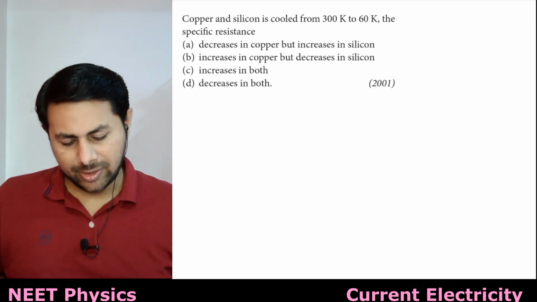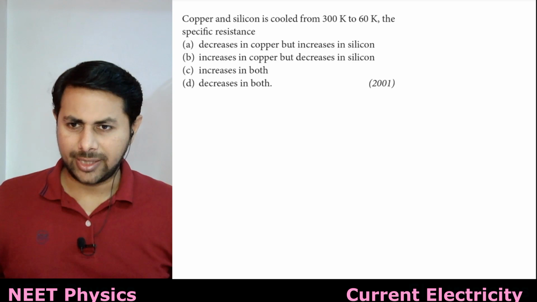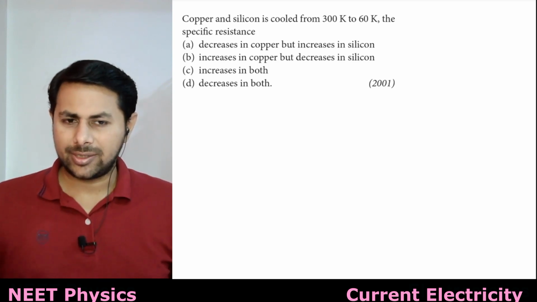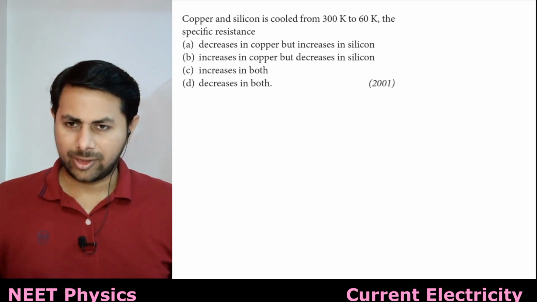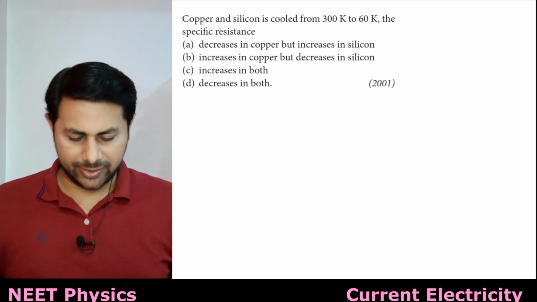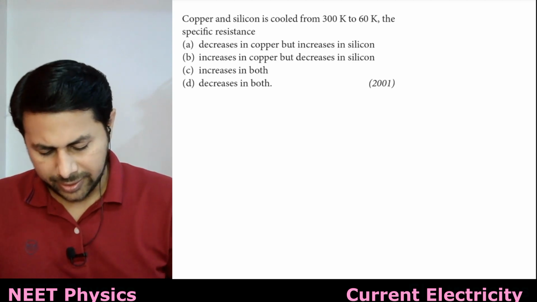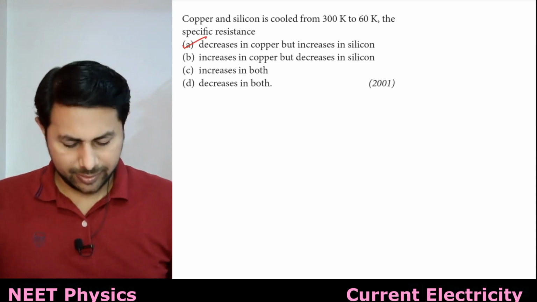Option A: decreases in copper but increases in silicon. Good, that's correct. If you increase the temperature, the resistance of conductors increases, but for semiconductors it will decrease, right? So it decreases in copper but increases in silicon. That's correct.